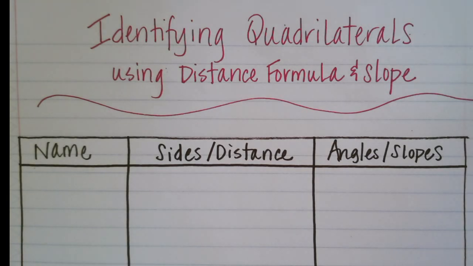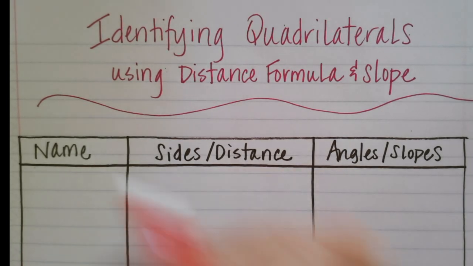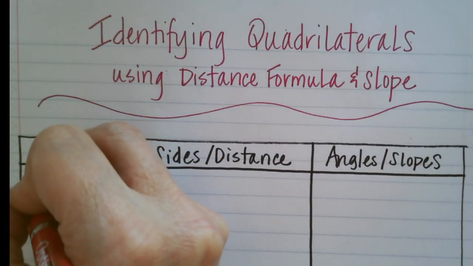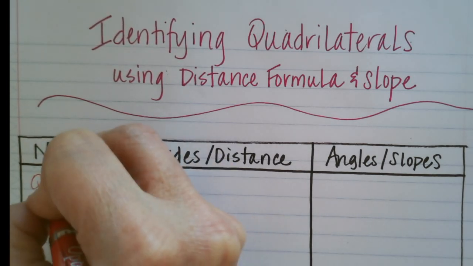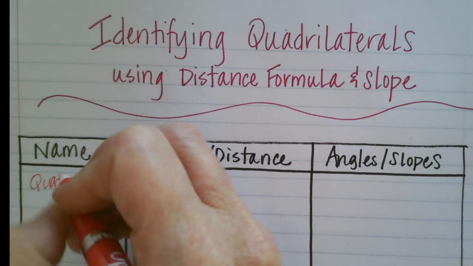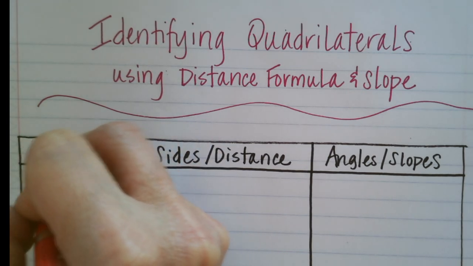So I think that we need to go through the different quadrilaterals first so that you know what you need to know about each one. All right, so first up, we're just going to talk about the basic quadrilateral.